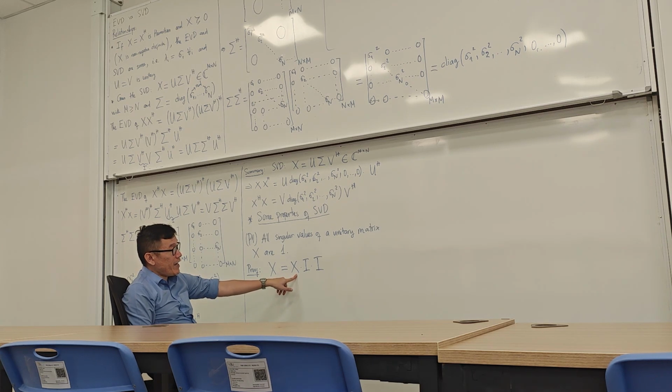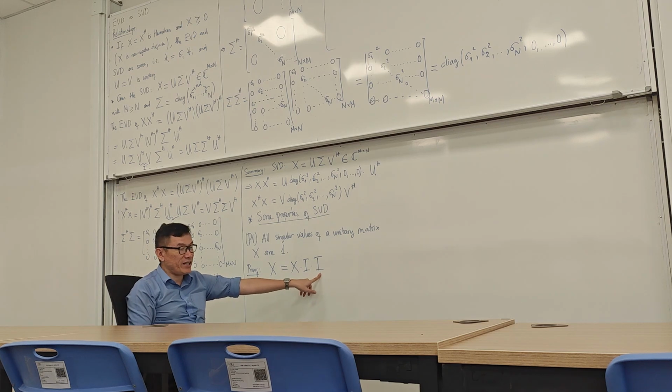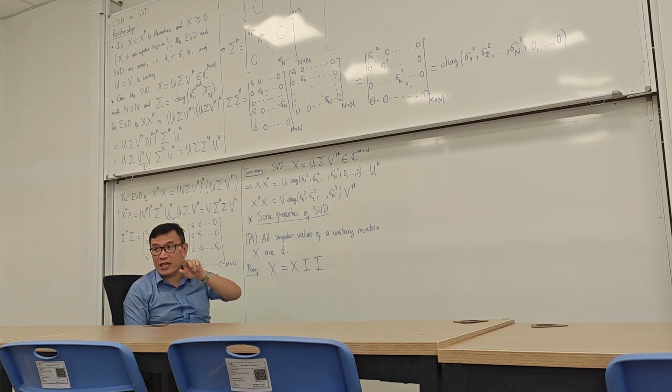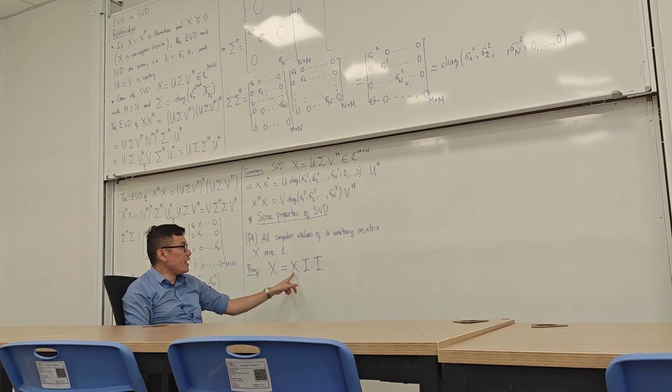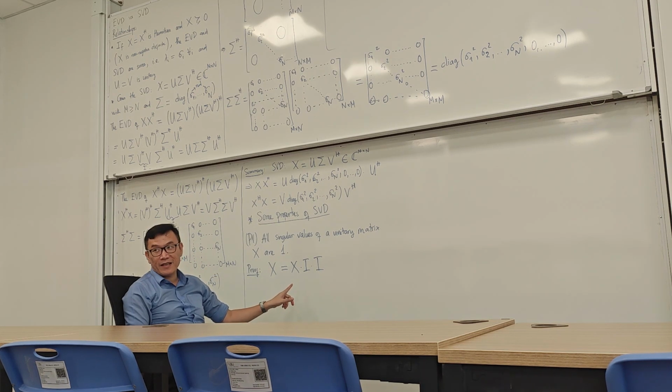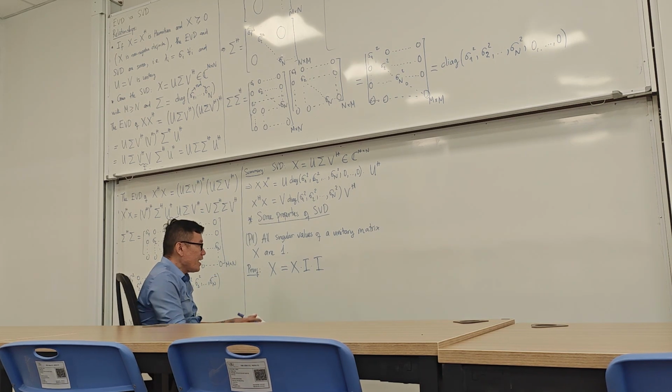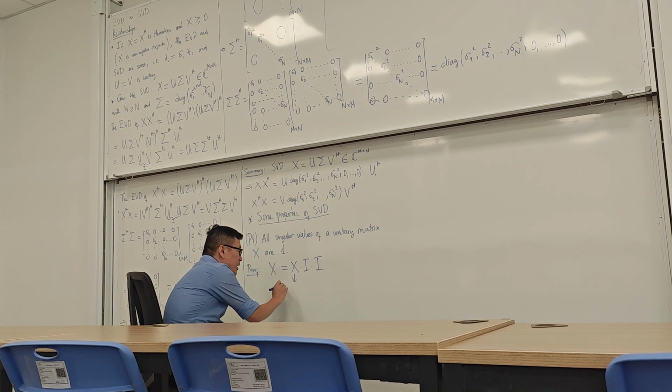Remember, identity multiplied with any matrix gives you back that matrix, right? So X multiplied by identity is X, therefore I can write like this. And you see, this is unitary.